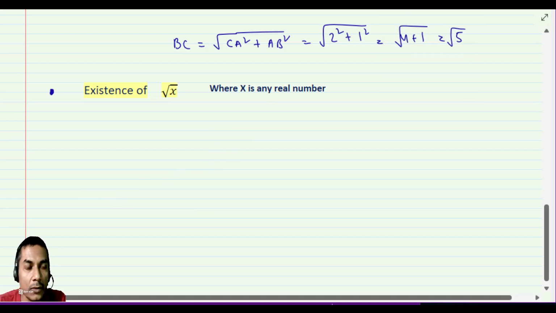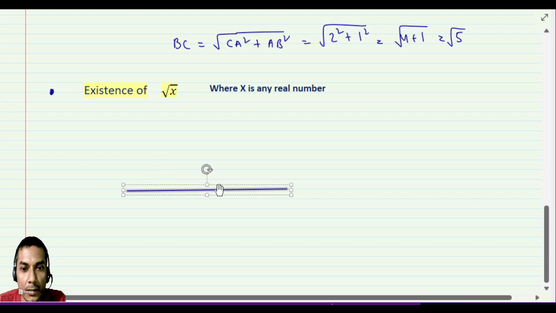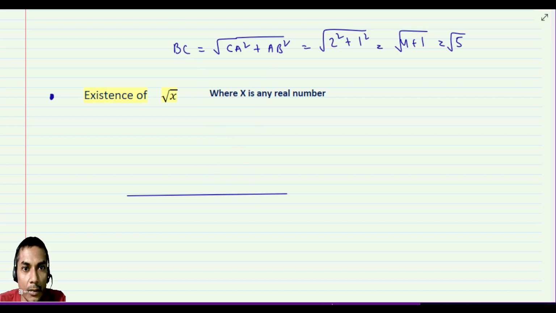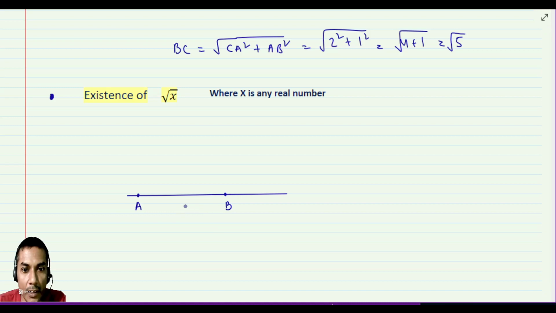First you draw one line. Then consider any point, for example from A to B, consider that is x.